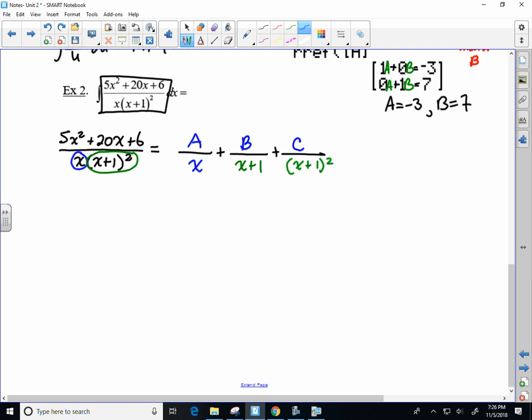All right, so this one's a little bit more work. We're still going to follow the same idea of multiplying by the x times x plus 1 squared, whatever your common denominator is.